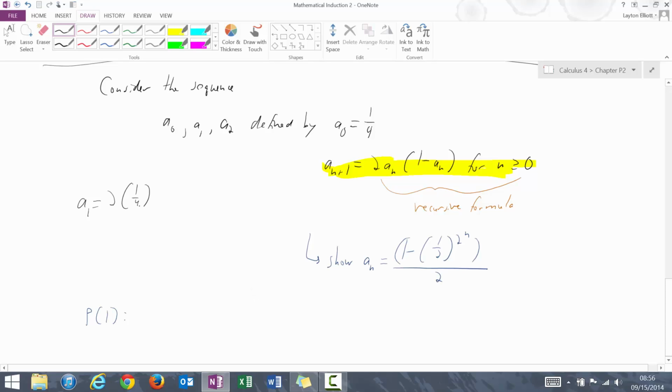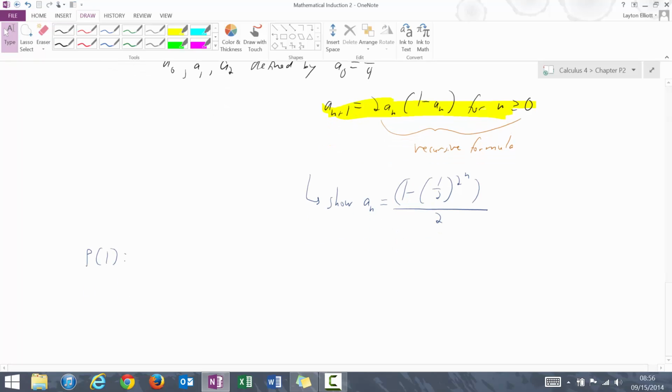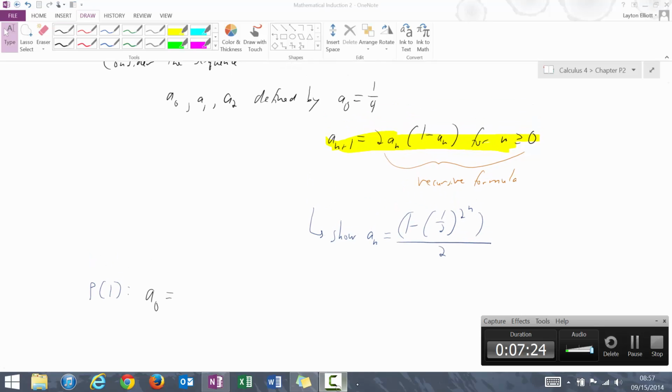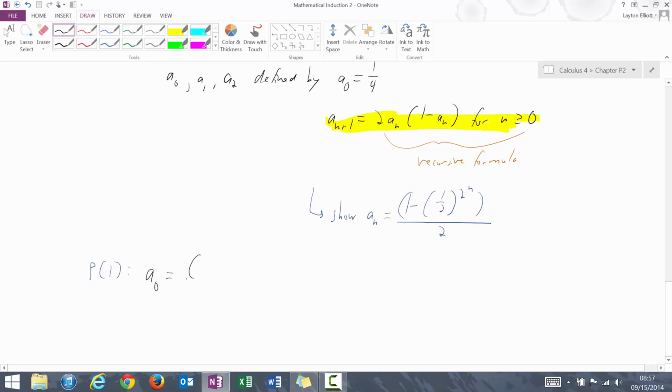Actually, you know what? Let's just do the next one. Let's use that here in p of 1. So we've got a sub 0. I'm going to start with a sub 0, then we'll move on to the next term. So a sub 0, for just the first term.